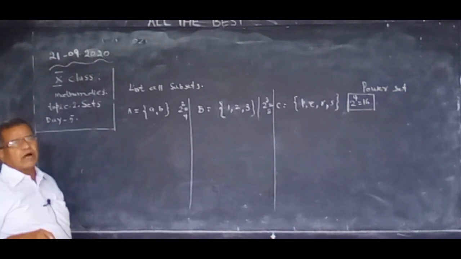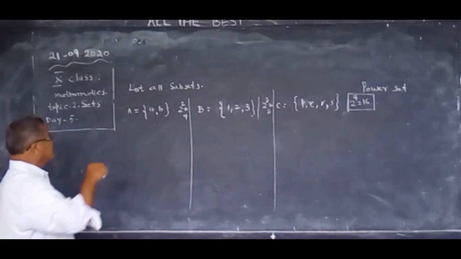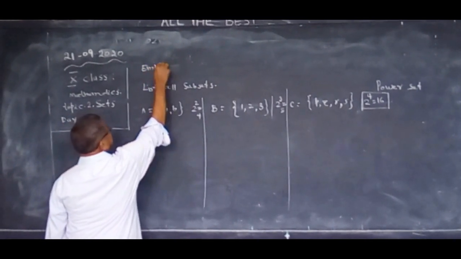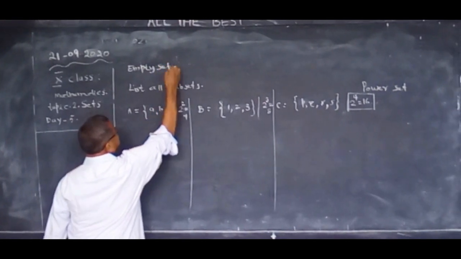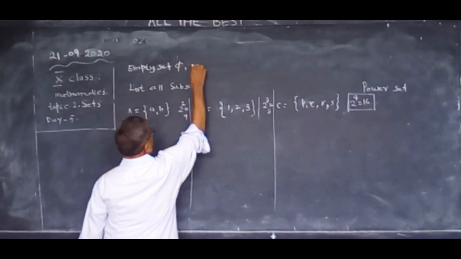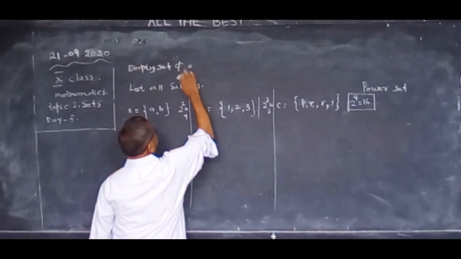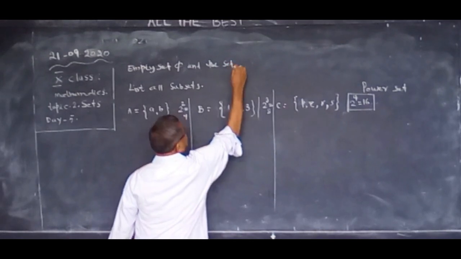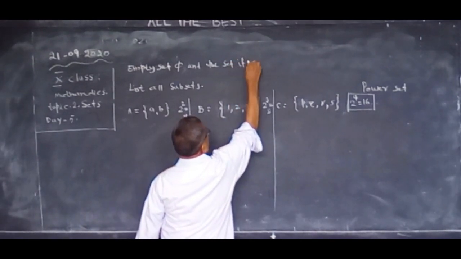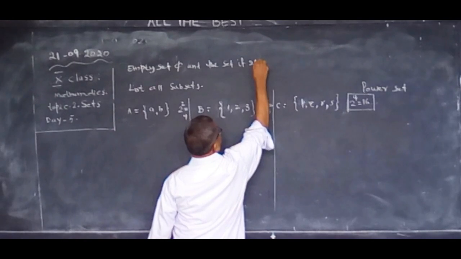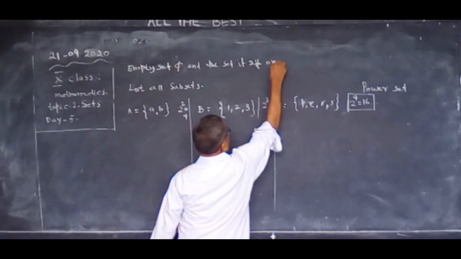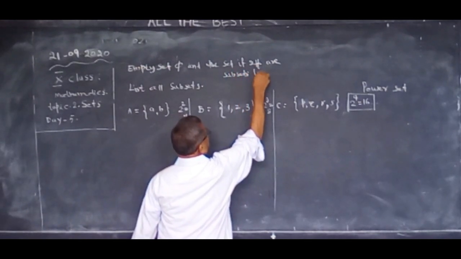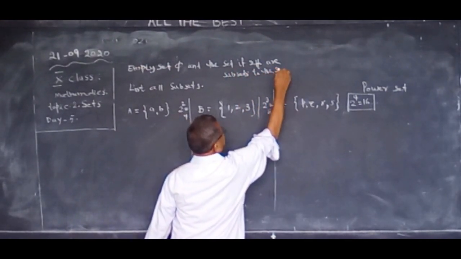These 2 are common for all sets: the empty set and the set itself are subsets of the given set.